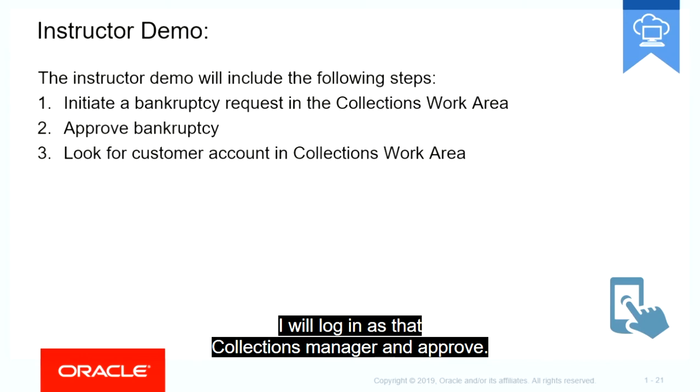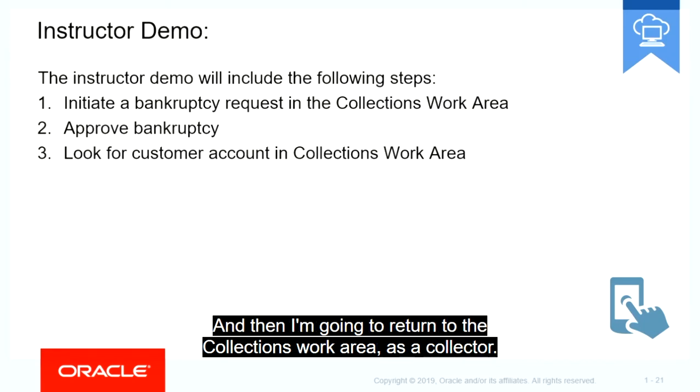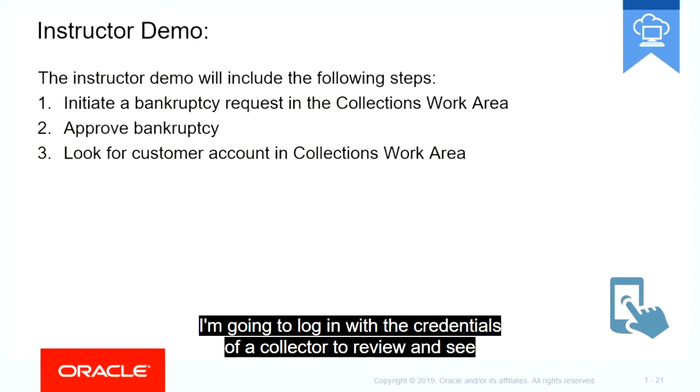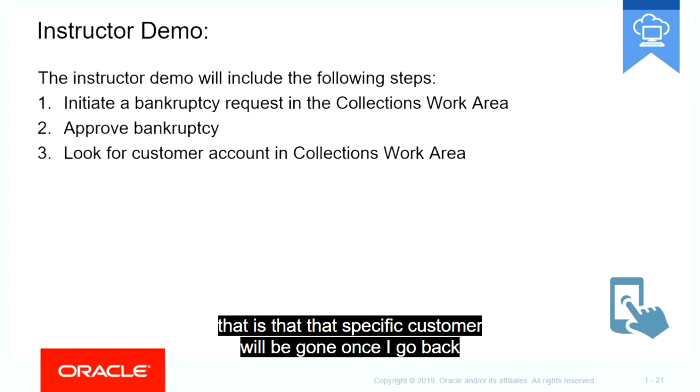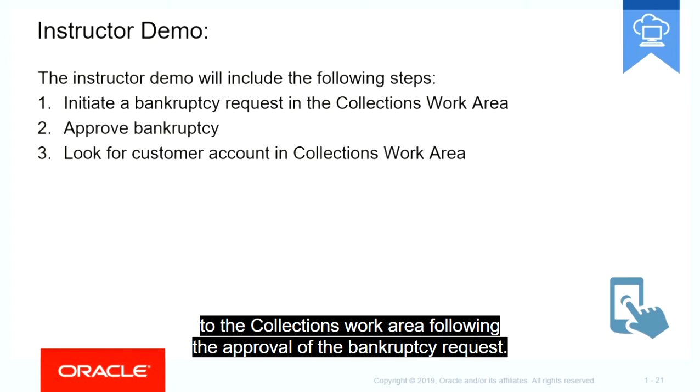I will log in as that collections manager and approve, and then I'm going to return to the collections work area. As a collector, I'm going to log in with the credentials of a collector to review and see if that customer account is still being displayed, or what I expect to see, that is, that specific customer will be gone once I go back to the collections work area following the approval of the bankruptcy request.